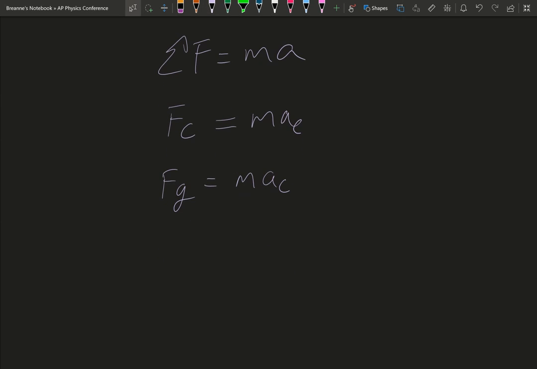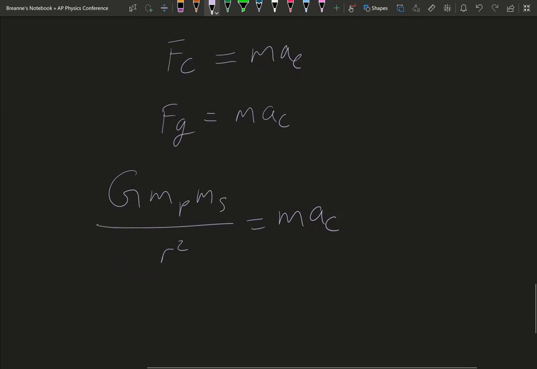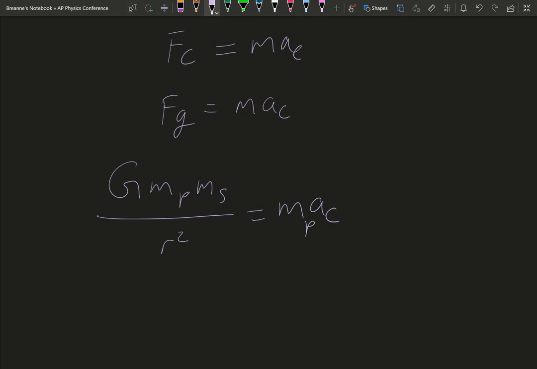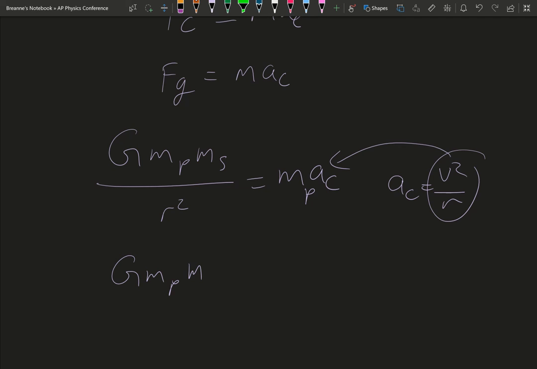And so you have G times the mass of the planet, the mass of the star, divided by your r squared equals m a_c. You could break down your a_c to be v squared over r. Plug that in. And G m planet m star, it's an S, I promise, over r squared equals m v squared over r. You can actually get rid of one of your r's.